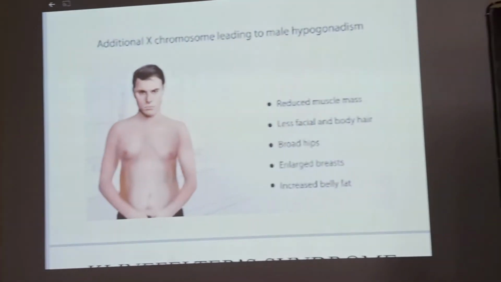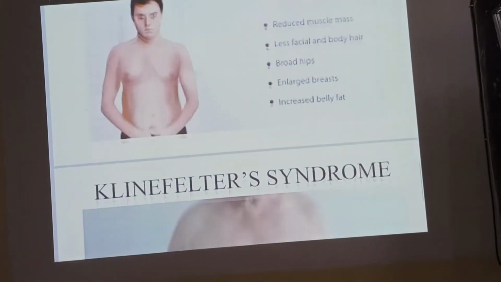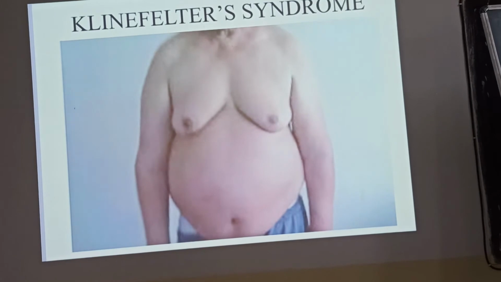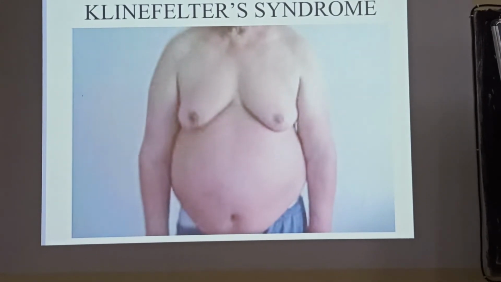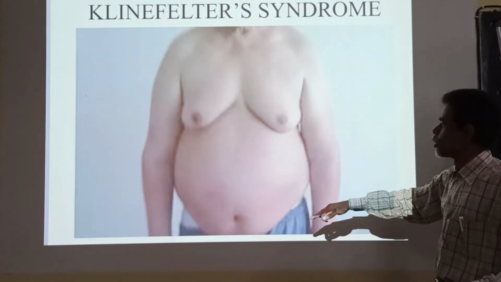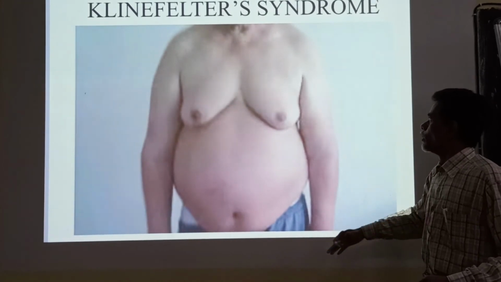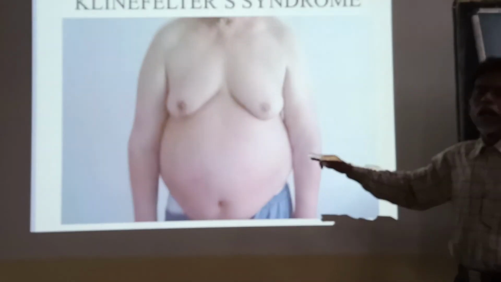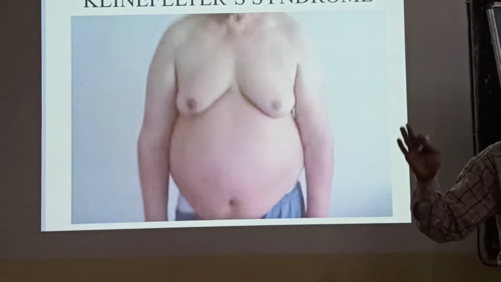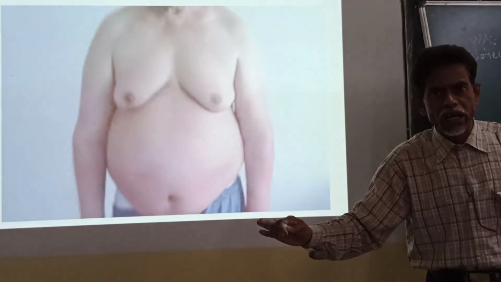We see the next video of how the breasts are excessively enlarged in Klinefelter syndrome. This is a male having female-like breasts, and the belly portion is also highly enlarged. So overall they get a female-like appearance, and they are sexually sterile.